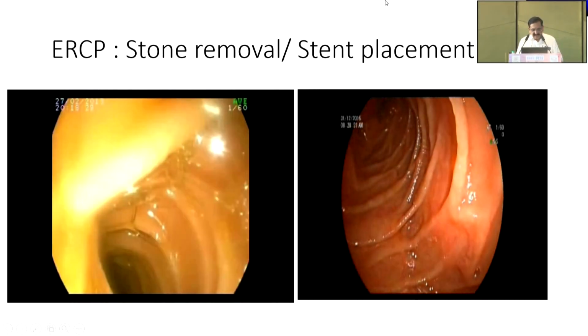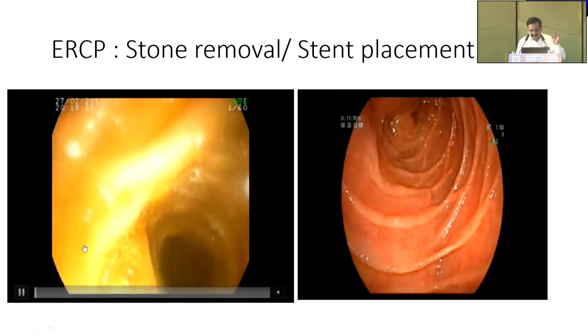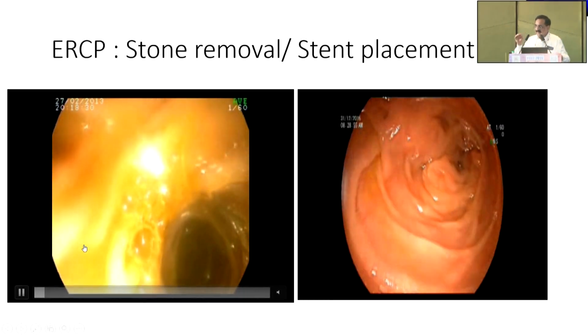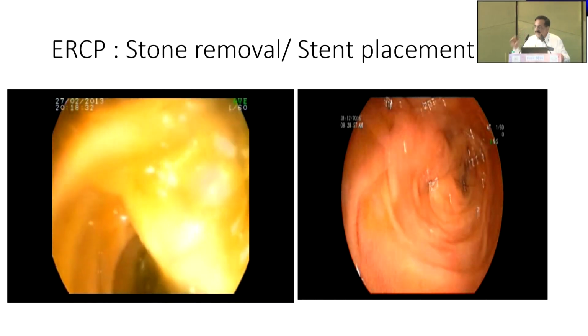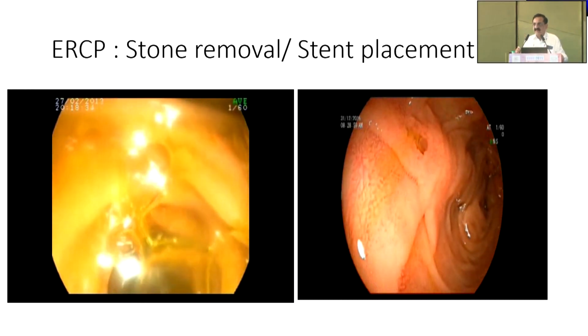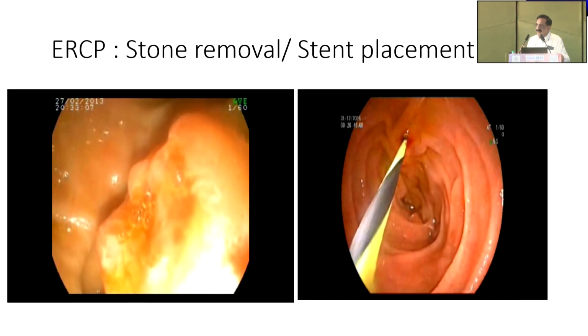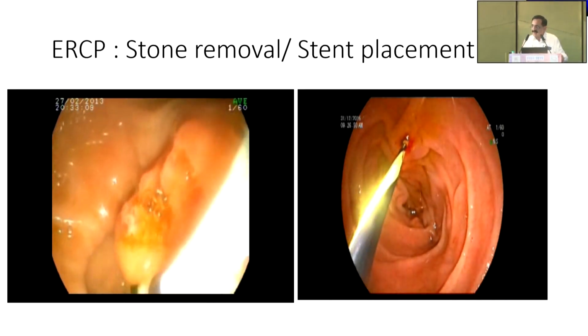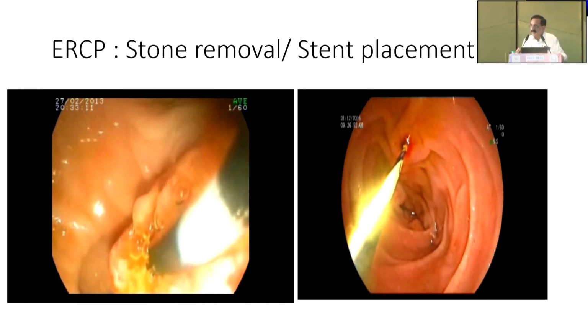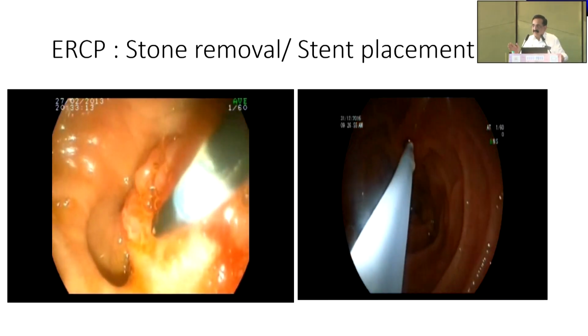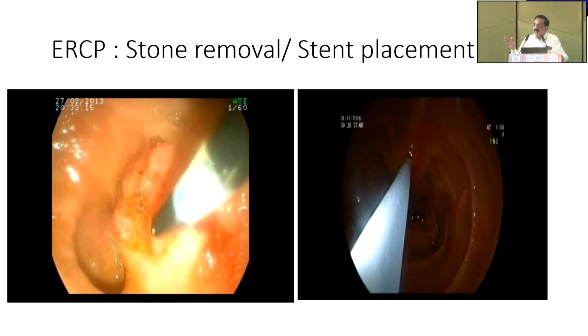Few other things which we need to understand: this is an ERCP of removing a stone. The catheter which should be taken should be a straight tip catheter and not a curved one in these circumstances. Always use a cap, because addition of a cap increases the success rate by about 4 to 5%, as you can push the wall sideways.